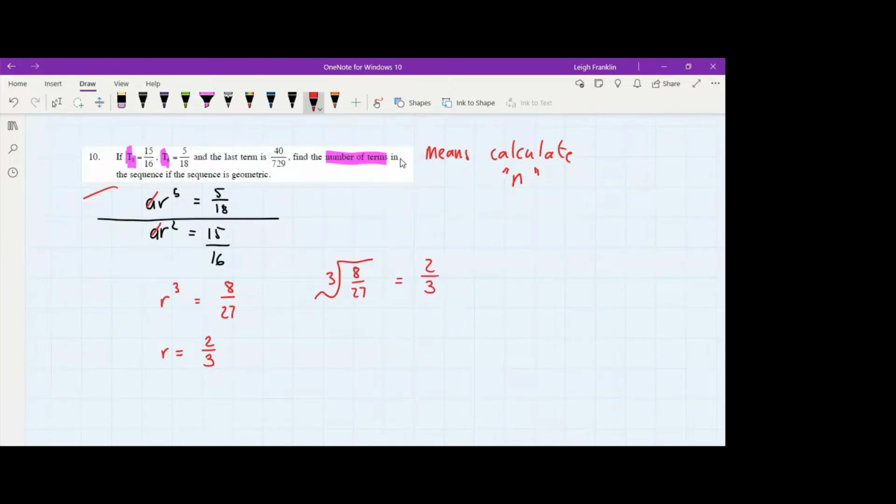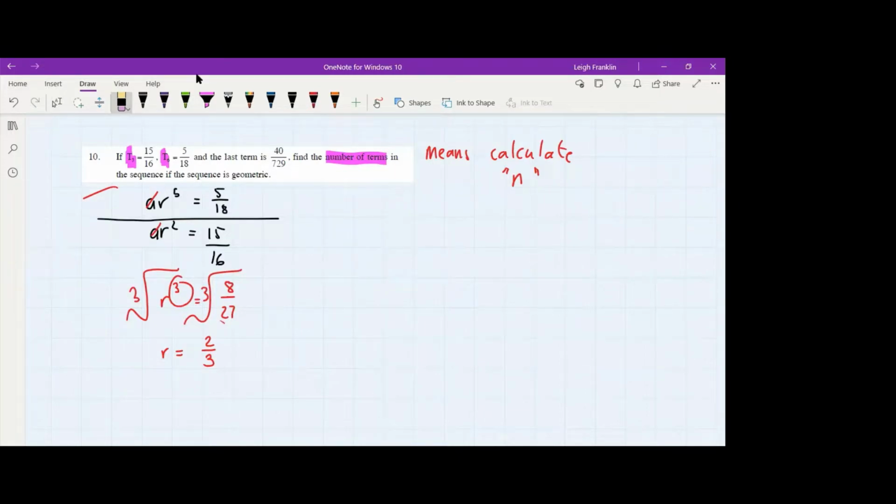Oh, okay. Thank you, ma'am. Because this is a cube, we have to do the opposite, which is to take the cube root on both sides. And that's where we get our 2 over 3 from. You okay with that? Yes, ma'am.